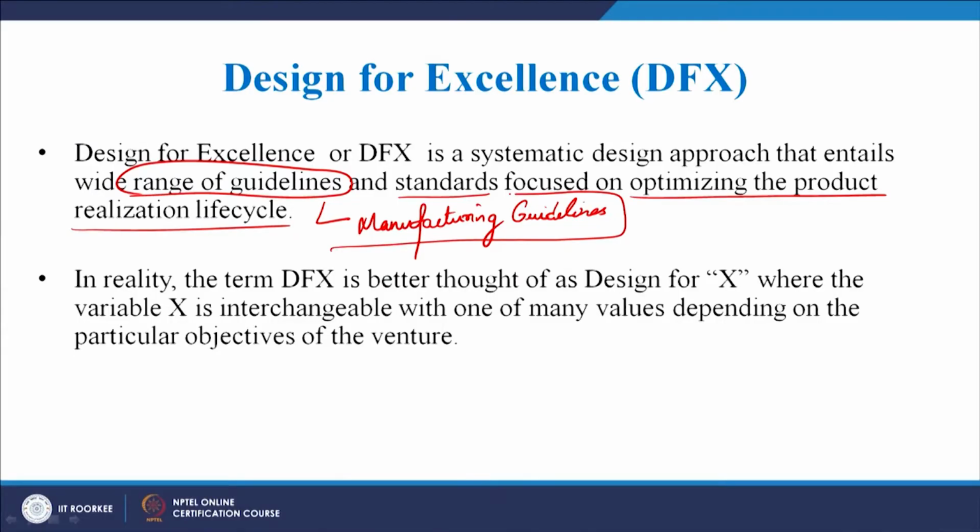If we account for the manufacturing guidelines during the product design process itself, we will be able to optimize our product realization life cycle. And for that reason, we must have a basic idea about the manufacturing guidelines which must be taken care of when we are designing the product.